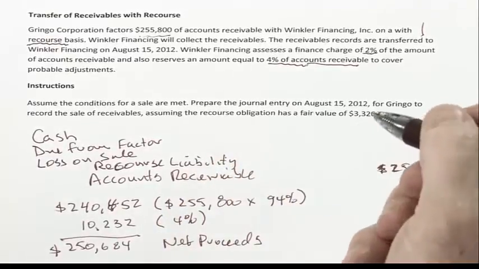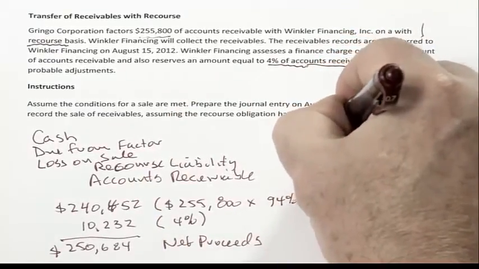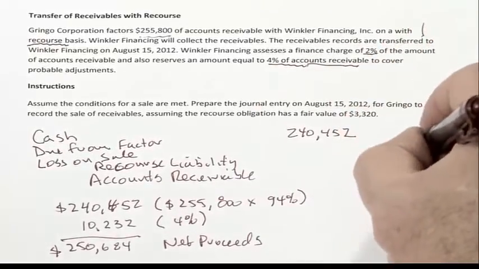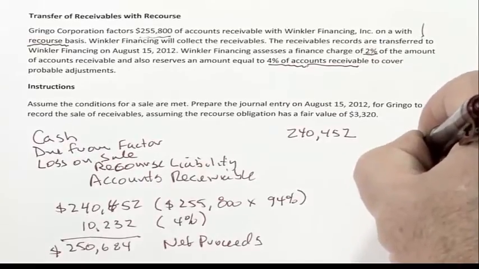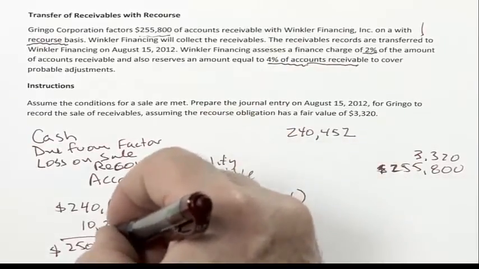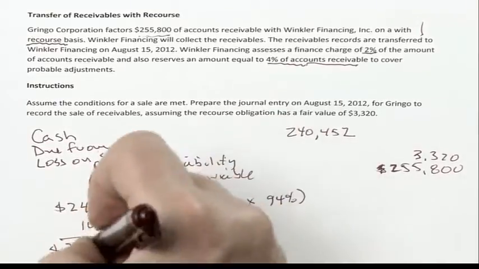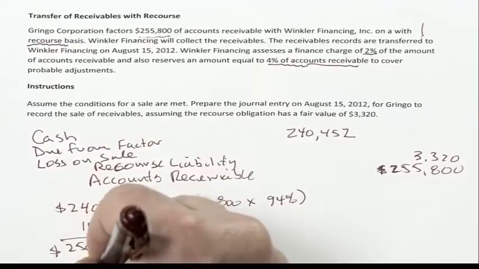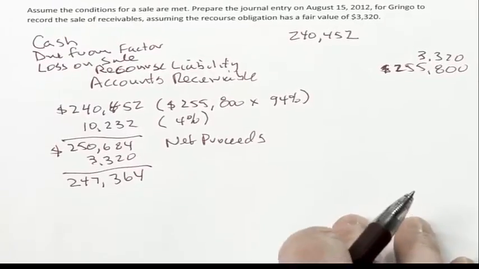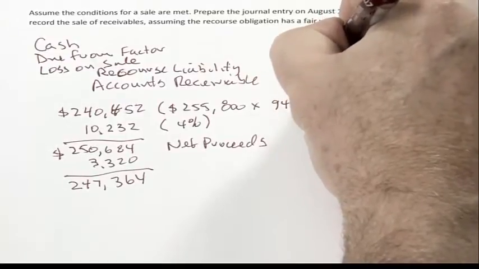Now we can fill in some more of the journal entry. The cash is the 240,452, and the recourse liability is 3,320. So now all we need to do is take this net proceeds, deduct the recourse liability. That gives us 247,364. Now, the due from factor we computed is 10,232.